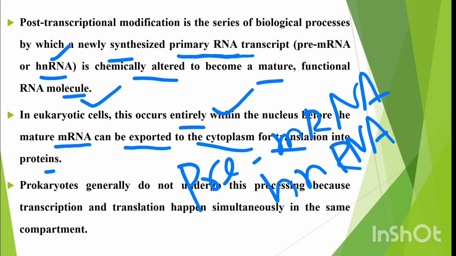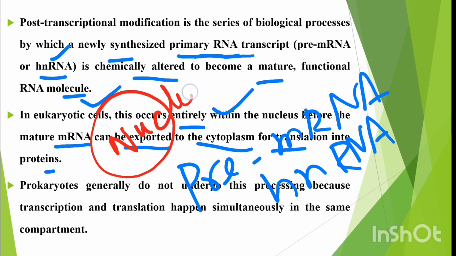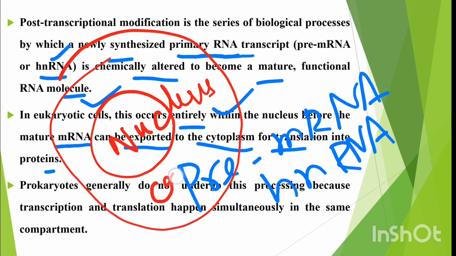In case of eukaryotes, the transcription process takes place inside the nucleus and the translation process takes place in the cytoplasm. So mRNA, after processing and modification, exits the nucleus and enters the cytoplasm where translation takes place and protein is formed from the matured mRNA.